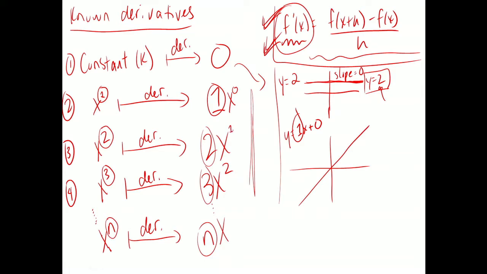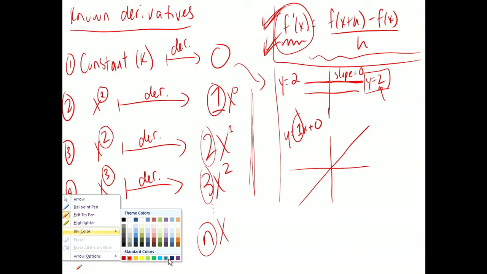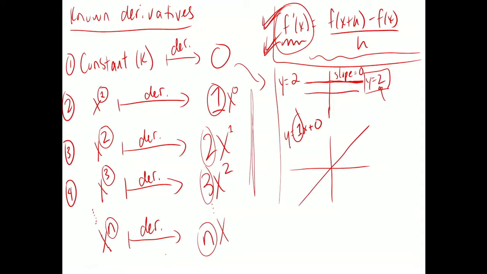Then I'm going to ask you to do a little bit more imagining with me here, and let me switch colors. Let's say, do I notice some other relationship? So again, I'll come through here and ask you to spot this with me. When I had x to the first power, I ended up with x to the 0 in my answer. When I had x squared, I ended up with x to the first.